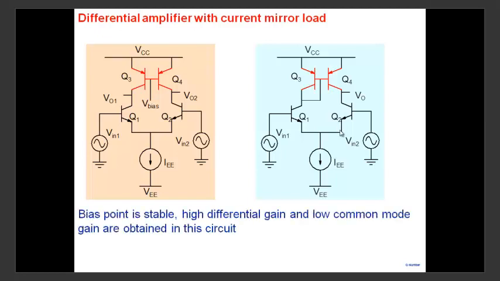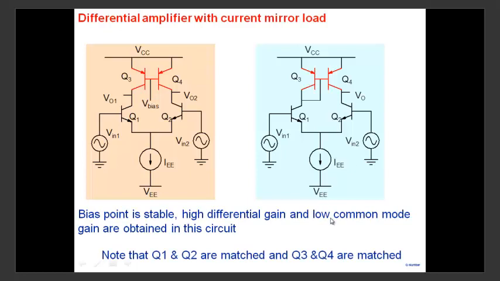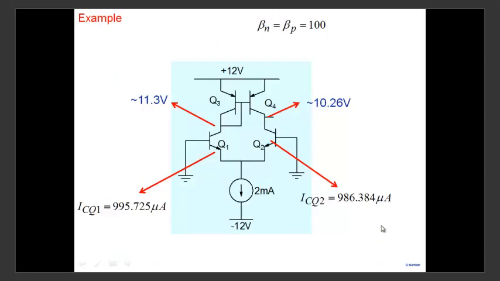Okay, as an example. And we had seen several other things. We had seen that this circuit, compared to the earlier one, provides you with higher differential gain, lower common mode gain, and biasing is more stable. So we'll see this in more detail today. Anyway, with respect to biasing, for example, the same 2 milliamperes here, when we short the base and collector, make it a current mirror, we get 11.3, 10.26.